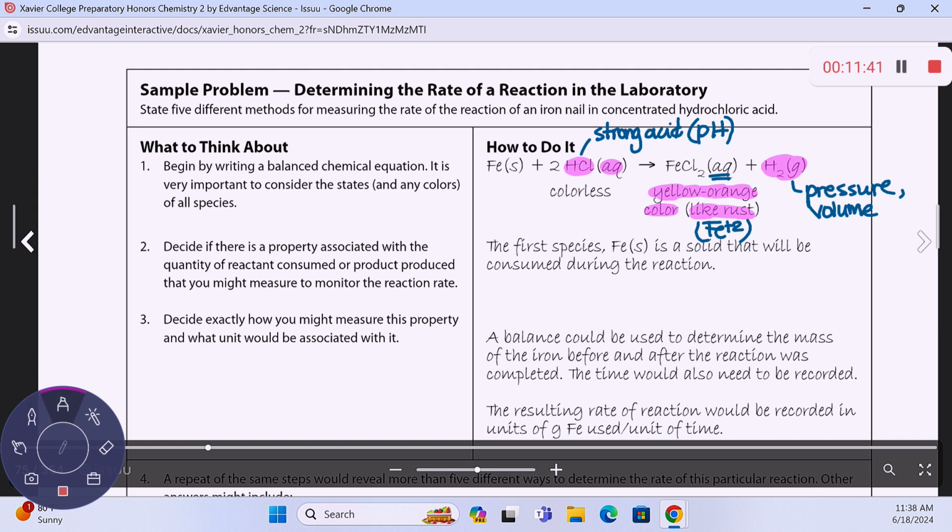So here it says you could use a balance. Okay? You could determine the mass of the iron nail before and after the reaction. However, I think it would be a lot easier to simply measure the mass lost as the gas leaves.